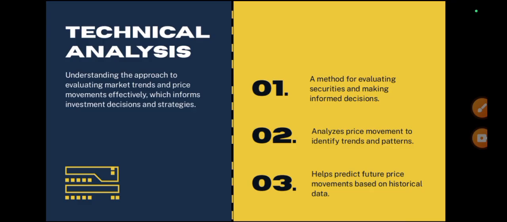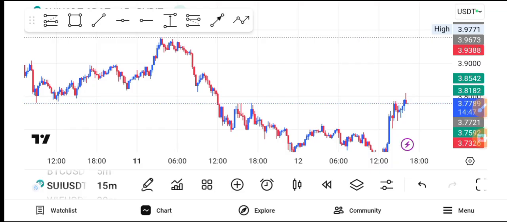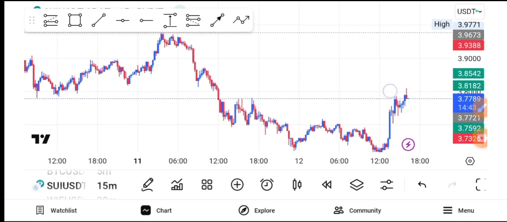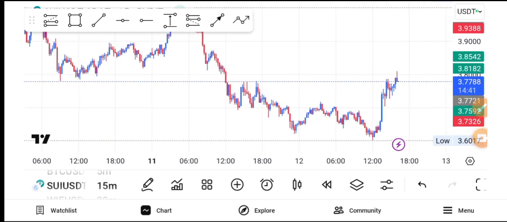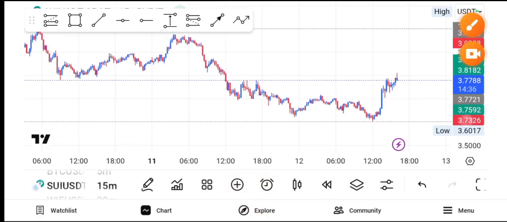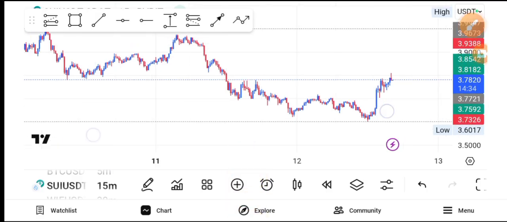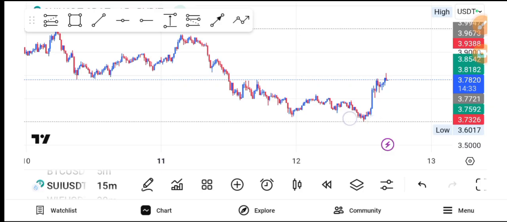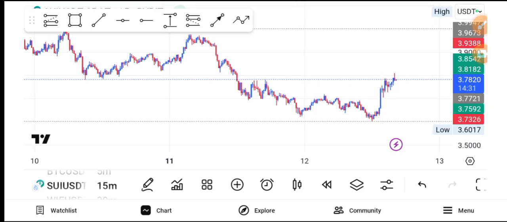So let me show you this before we come back to explaining all of this. Let's use this particular coin, which is SUI/USD. Let me show you what it means for the market to be in an uptrend.